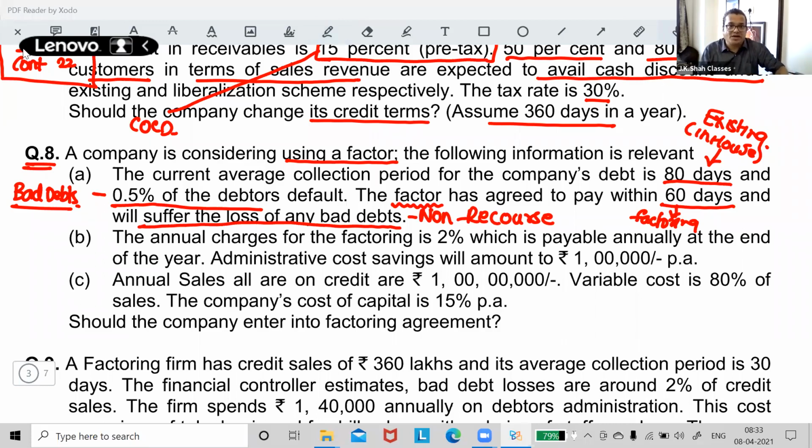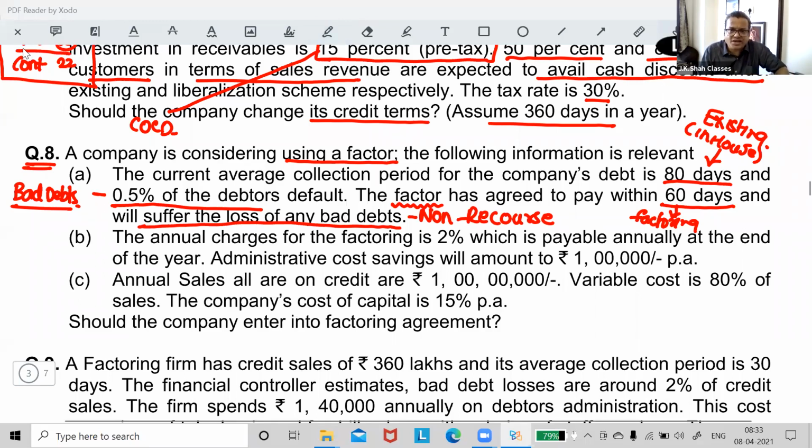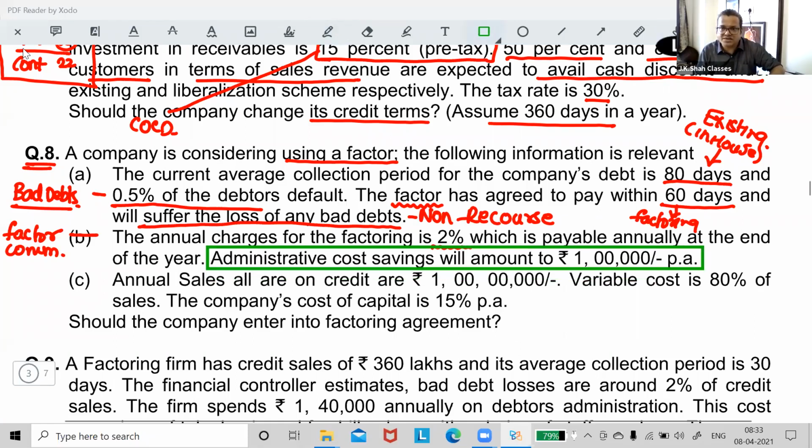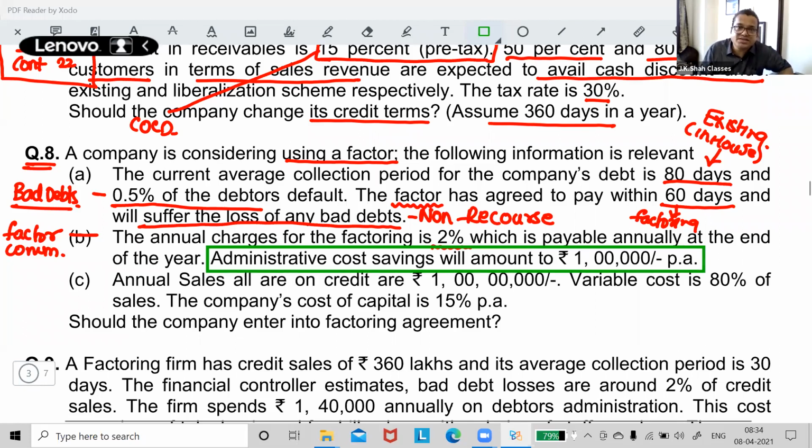Okay, good. Fine. The annual charges for factoring is what? 2%. So it's like factor commission. It's charging what? Factor commission, which is payable annually at the end of the year. Fine. Now the statement. What is written over here? Administrative cost savings would be 1 lakh per annum. When this administrative cost savings will happen, guys? When you hand over your debtors to factor.